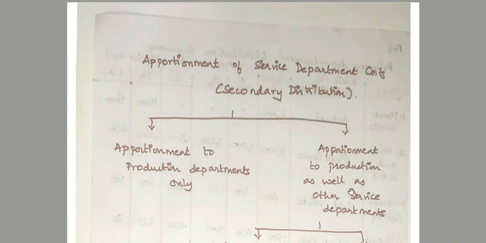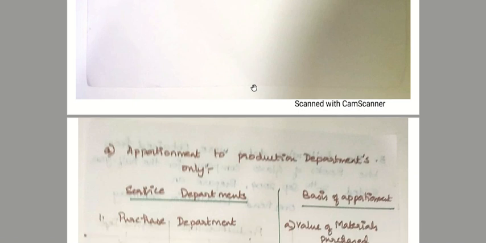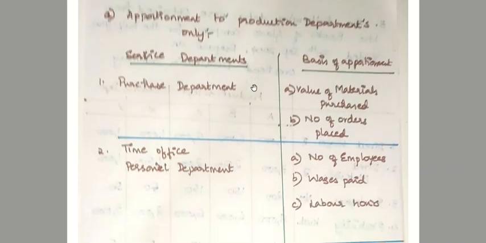So your service department cost will later on be apportioned to your production department. That's why we are reapportioning the overhead cost of the service department to the production department, which is known as secondary distribution or reapportionment.